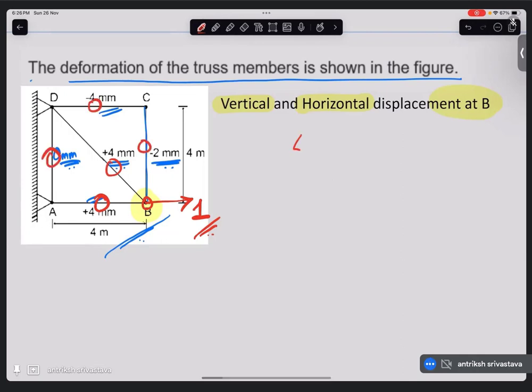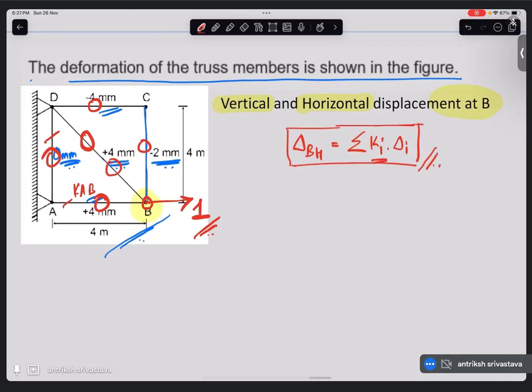The horizontal deflection in B is the summation of all the forces generated by this unit load, K, so K_AB, K_AD, K_DB, multiplied by the corresponding displacement that you have.